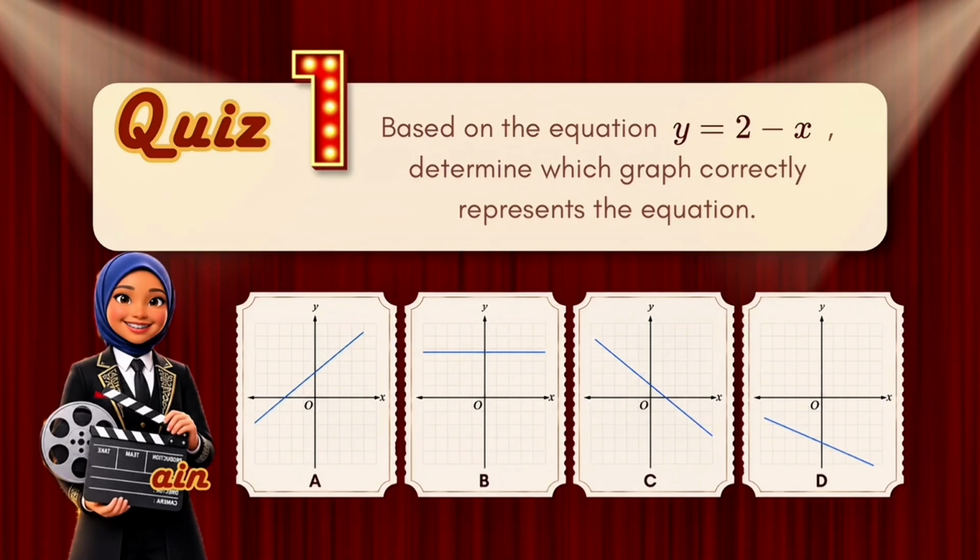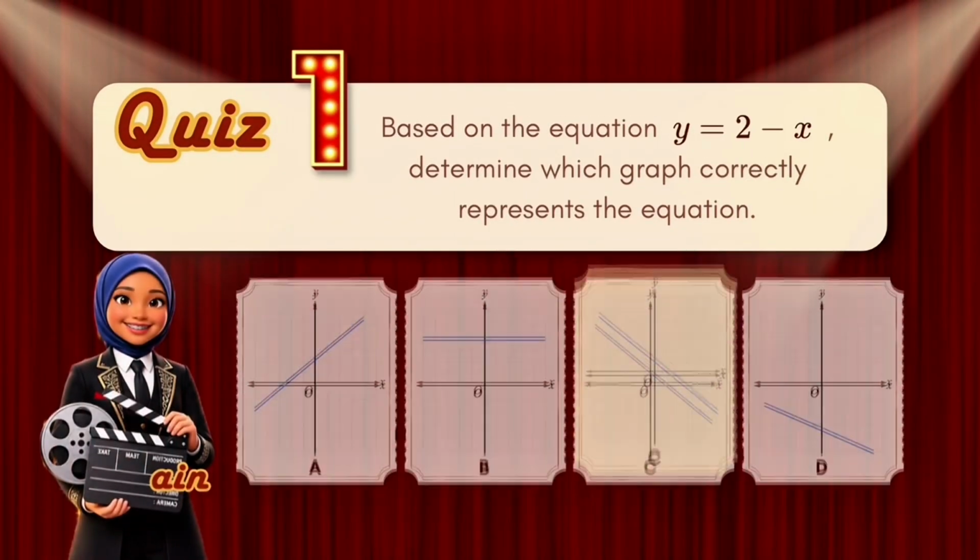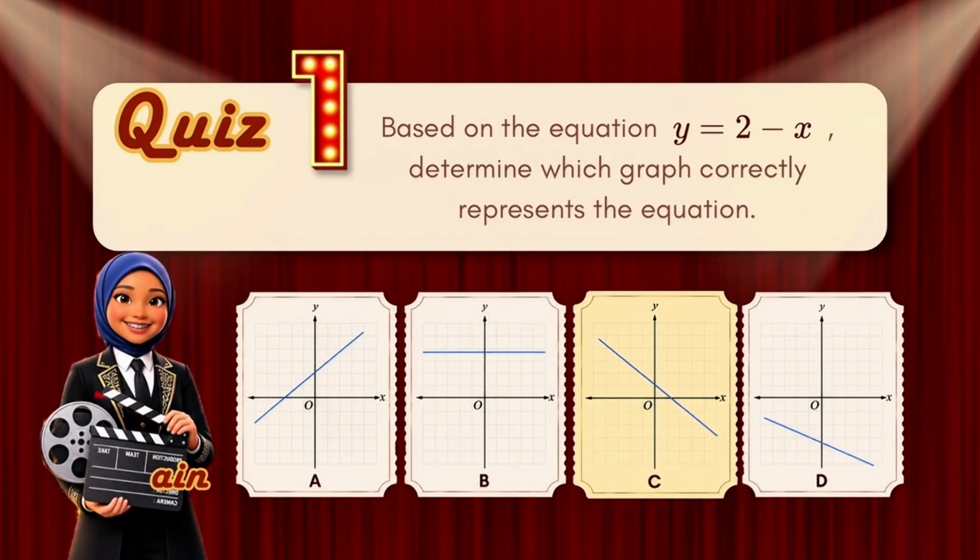So students have to choose the correct answer that represents the graph, which is y equals 2 minus x. Students can choose between A, B, C and D. So the answer for the quiz is C.